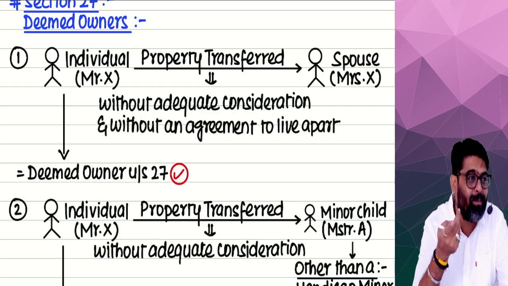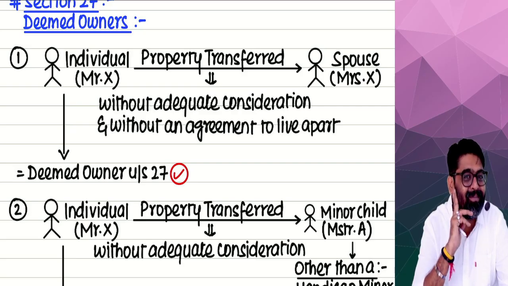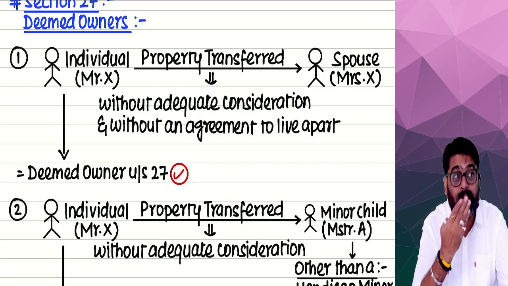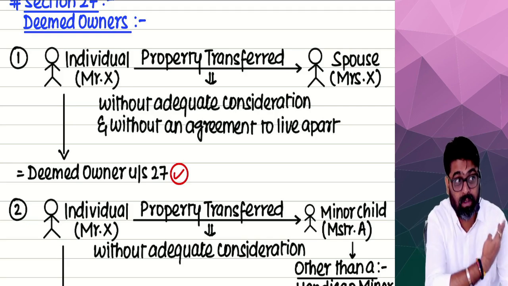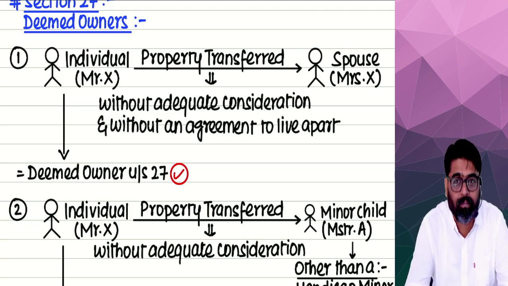And if 1 lakh people start doing it, 150 crores. Getting my point? That will be the amount of tax which the government is going to lose because of this type of transaction.